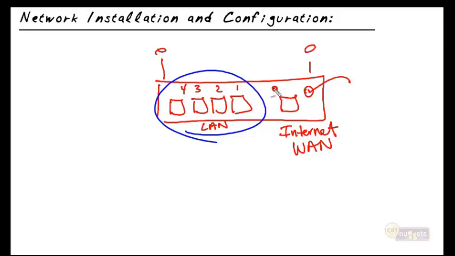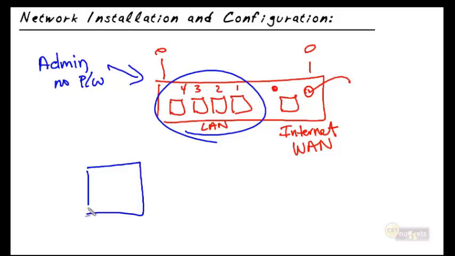So how do we do that? Well, there's a couple of defaults I Googled regarding this router. Number 1, the default username is admin, and there's no password by default. So if we want to log in to manage this box, there's no password for the admin account. Secondly, we need to get physical access or some type of access to this box.